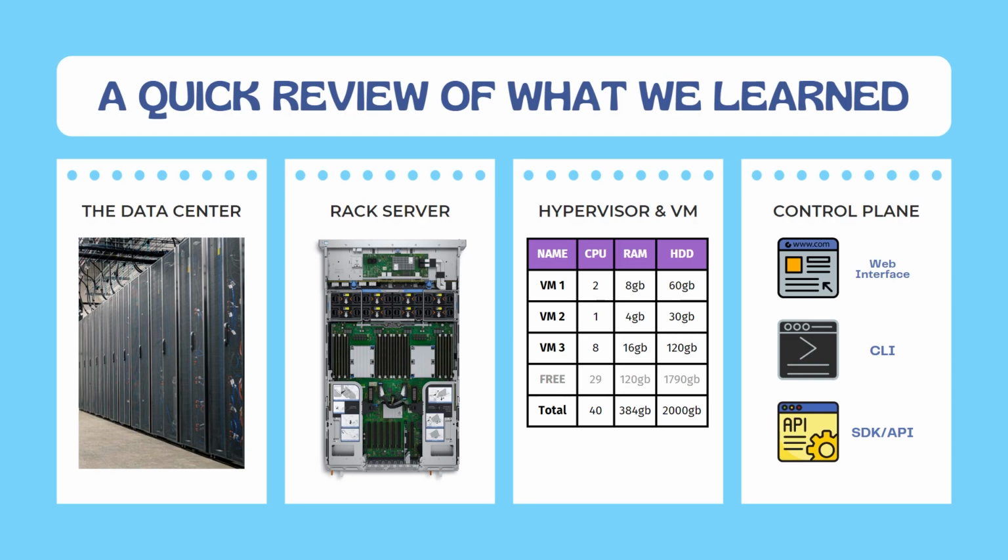So we have a control plane that has interfaces: web interfaces, command line interfaces where you can just type in code and it can create virtual machines, or the SDK, Software Development Kit, and your API, which you give access to your software. So your software can interact with your control plane and set up your resources.